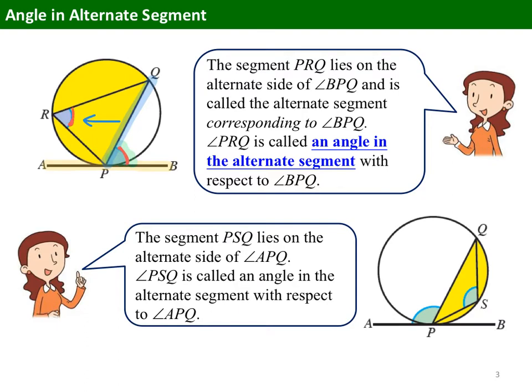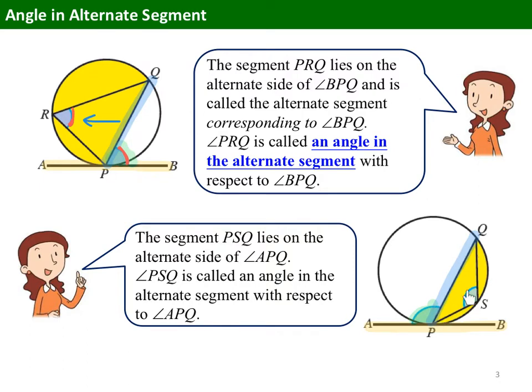The same situation in the figure below. A tangent APB, a tangent chord angle made by the tangent and PQ, and the alternate segment is the yellow segment.